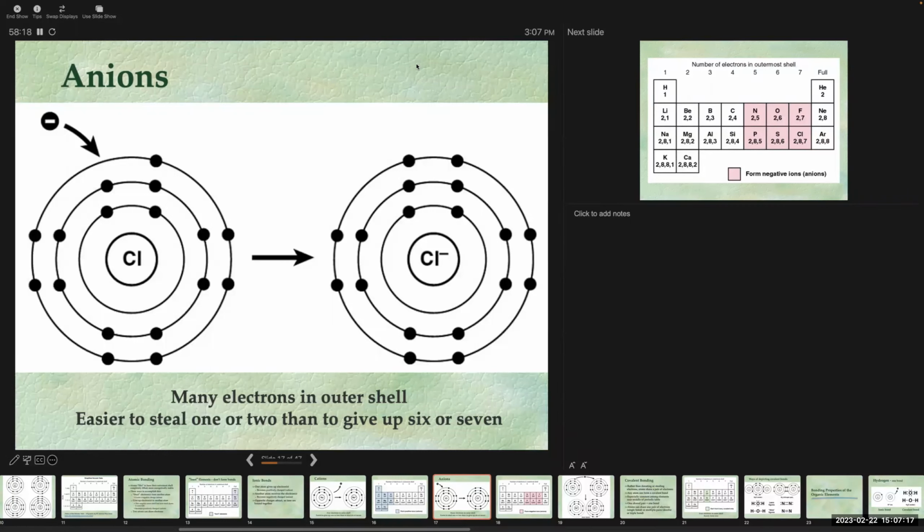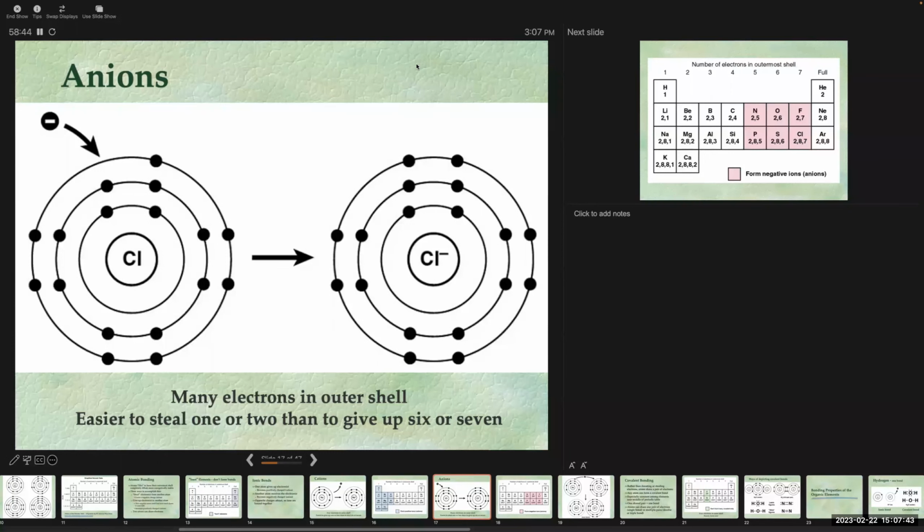That's a total of 10. The remaining 7 electrons are going to reside in that third shell, which means that chlorine has 7 electrons in its outer shell. Boy, it really wants 1 more to fill up that outer shell with 8. So chlorine is perfectly happy to accept electrons from things like sodium or potassium or calcium.